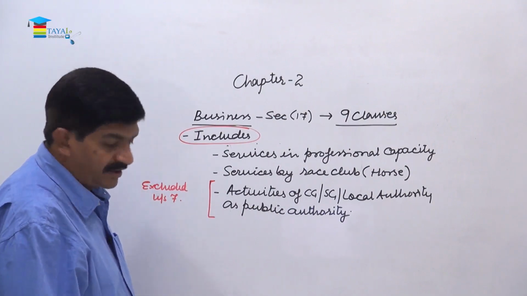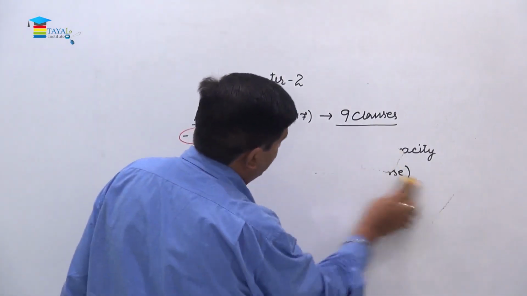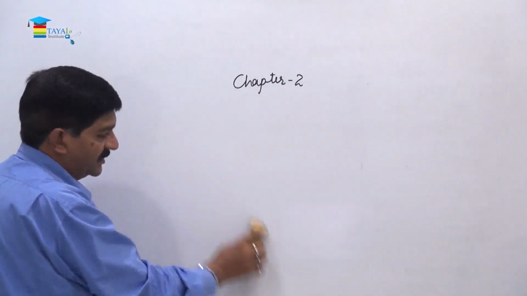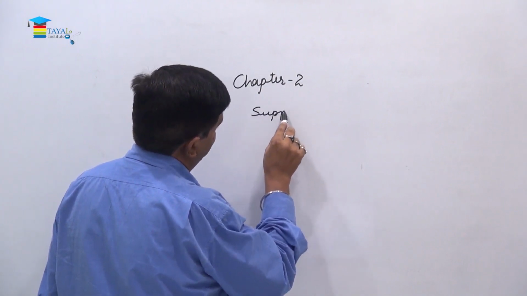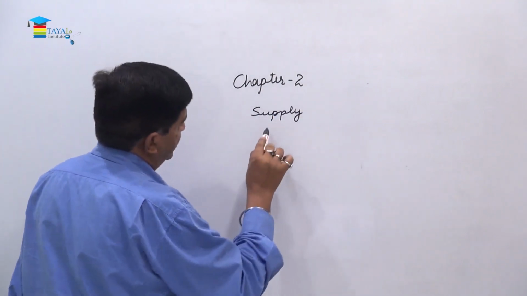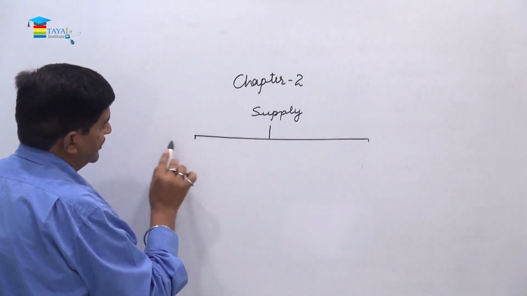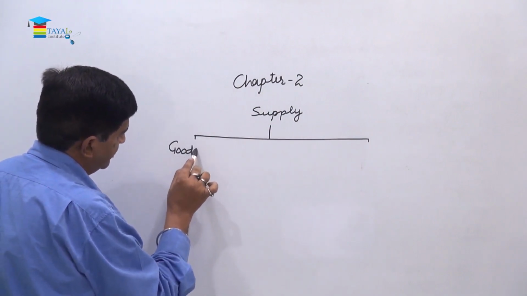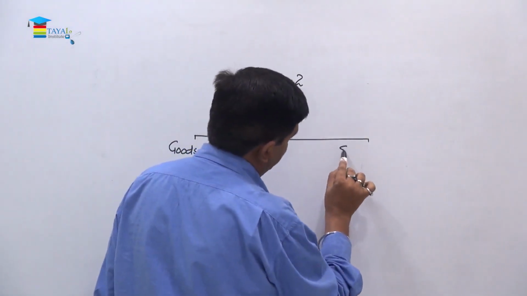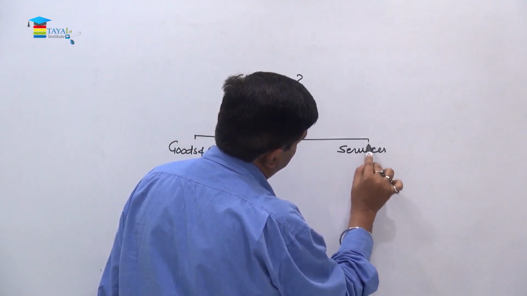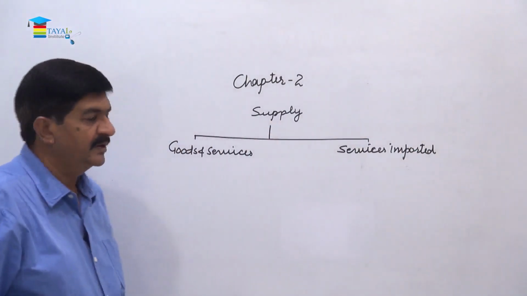So this is one. Now just to give you a brief of the meaning of the word supply before moving to further definitions. The term supply is covered in section 7 mainly. Then the main provisions I am covering here for the term supply for goods and services, and this part is exclusively for services imported, right?